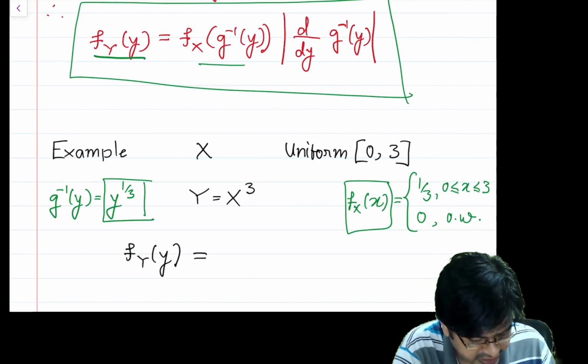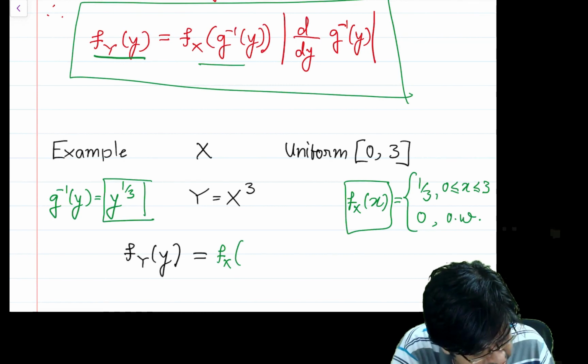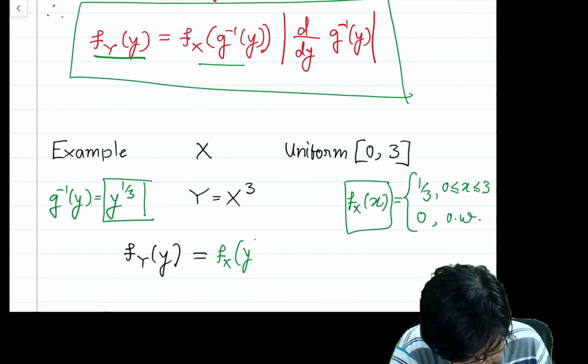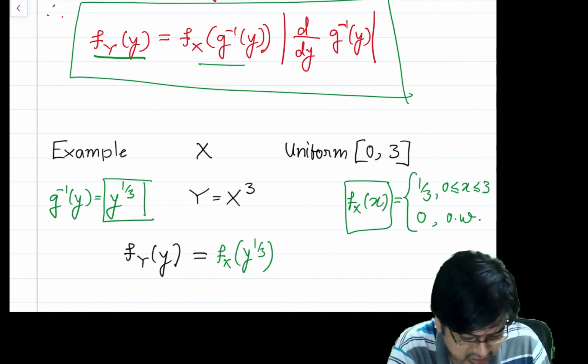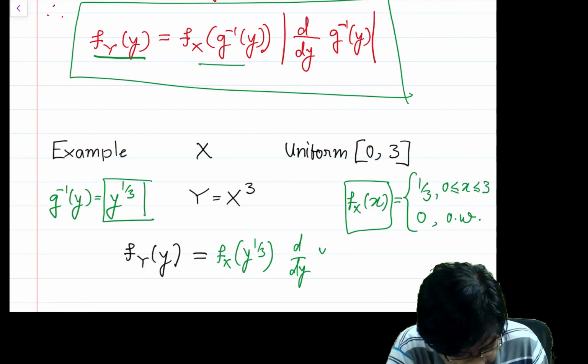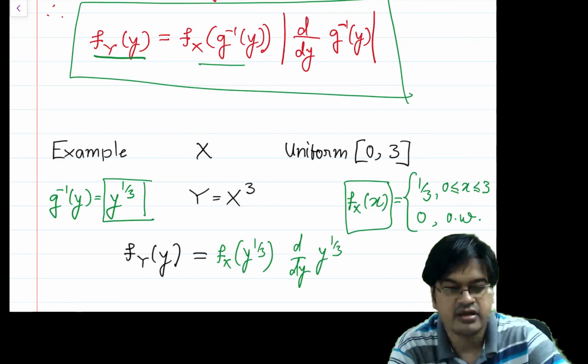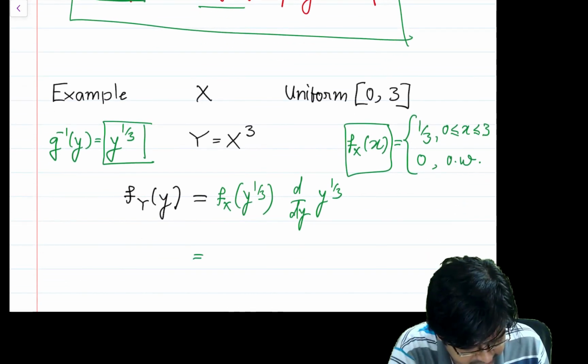Fine. So you need to now just plug and play these things. So f_Y(y) is f_X(g inverse of y), what is it? f_X(y^(1/3)) into d/dy of y raised to 1 by 3. It's this simple. So what is f_X(y^(1/3))?